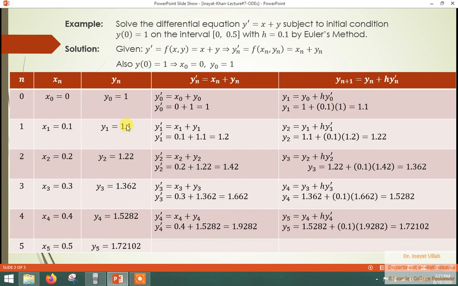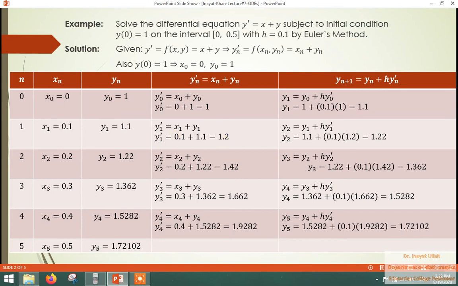Here when n is equal to 1, y1 prime is equal to x1 plus y1. But x1 is 0.1 and y1 is 1.1. Adding these two, we will get y1 prime is equal to 1.2.